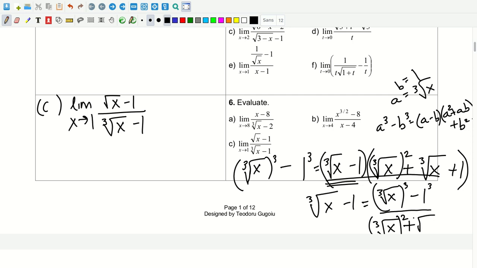So we get this. Now in the question it's actually the reciprocal. It's 1 over this. So I just have to reciprocate it and I can plug it in. So I'm going to do that.